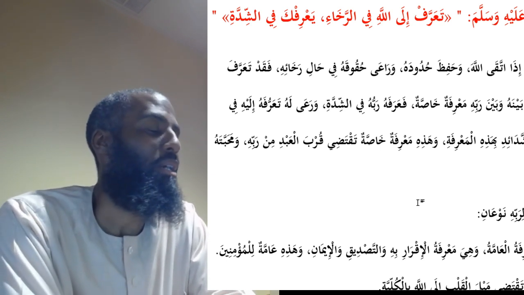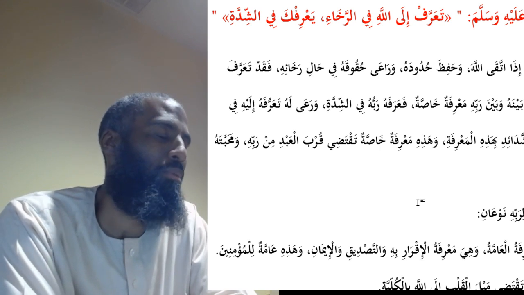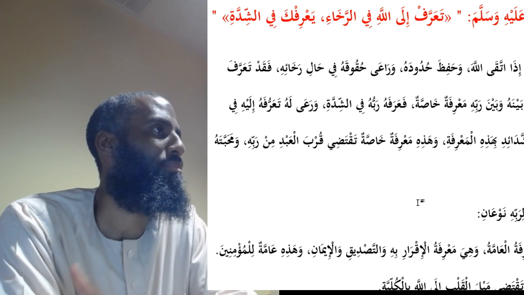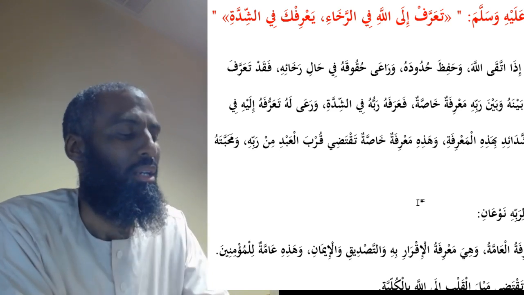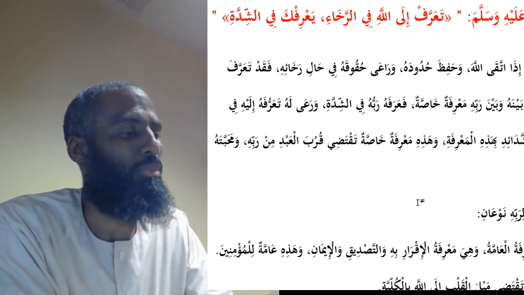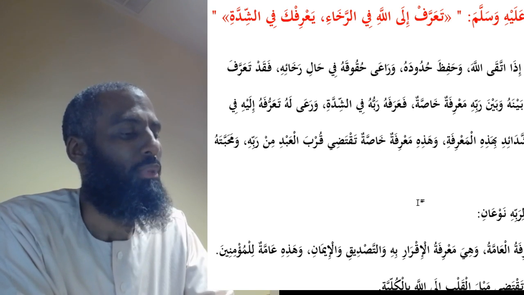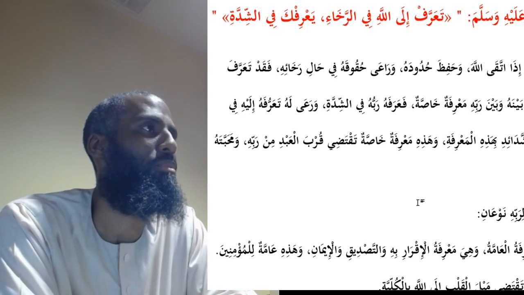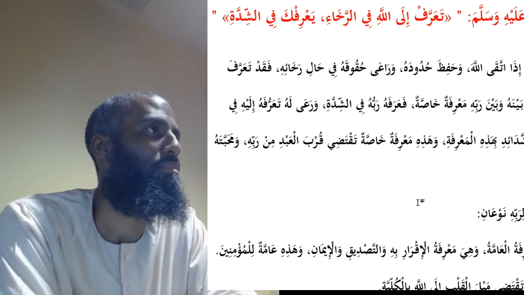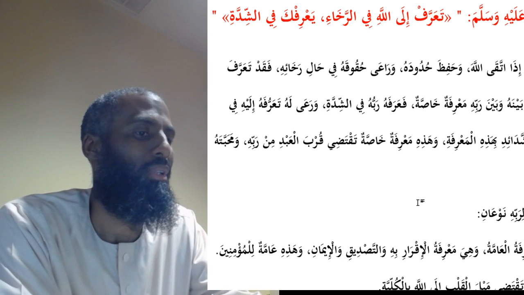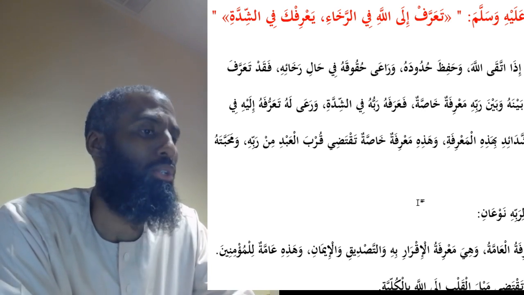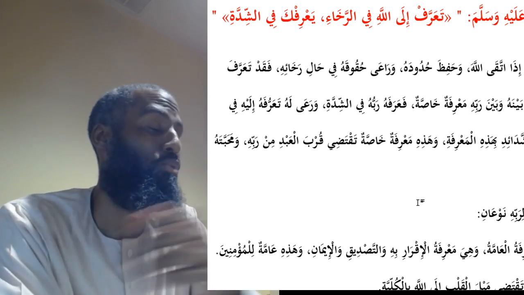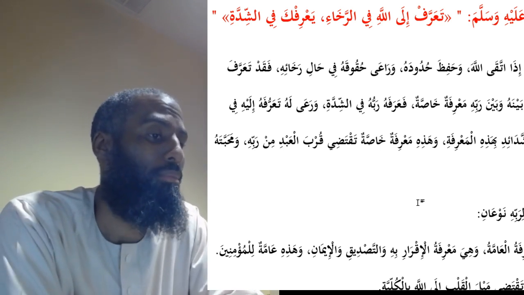Taqtadi refers to necessitates. Having specific knowledge of Allah subhanahu wa ta'ala necessitates qurba, closeness, from qareeb. Alright? Necessitates closeness of the servant to Allah Ta'ala, to his Lord, or her Lord.